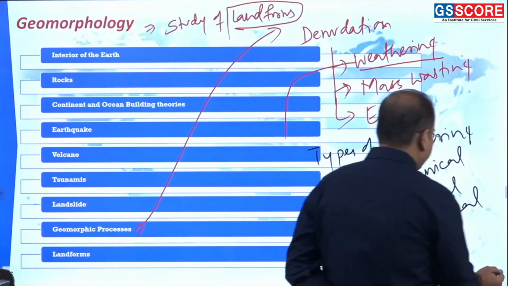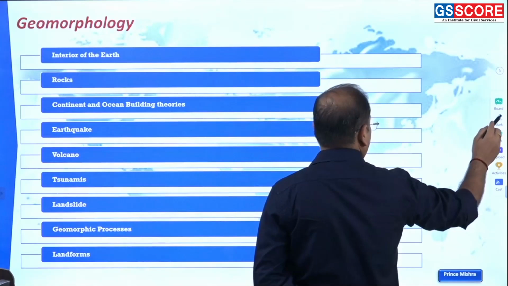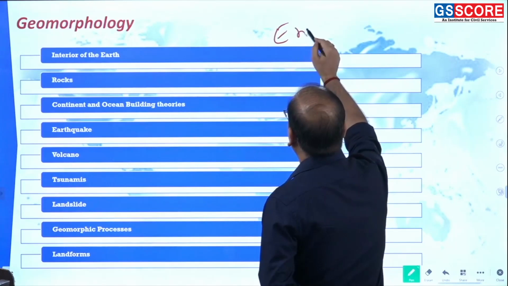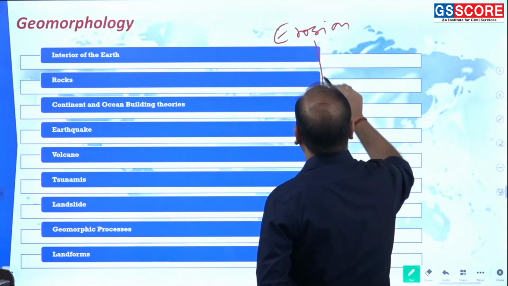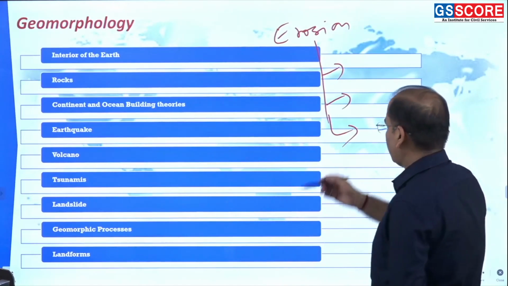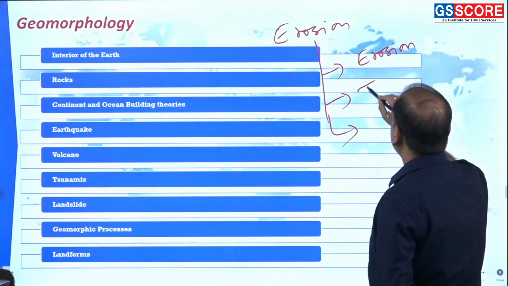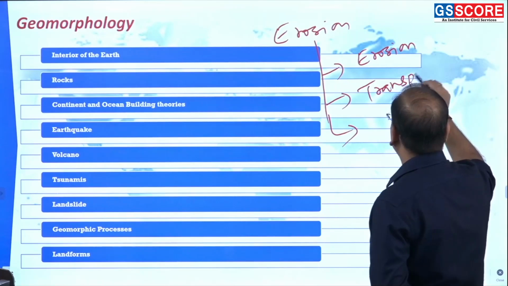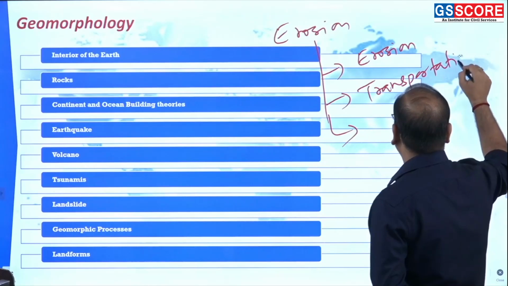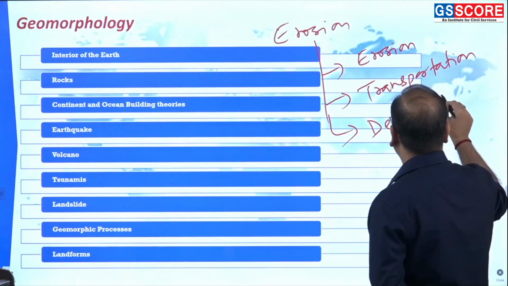And in the end comes the erosion. When we say erosion in geomorphic process, erosion is inclusive of three different processes, that is removal of material, transportation of the material and deposition of the material.